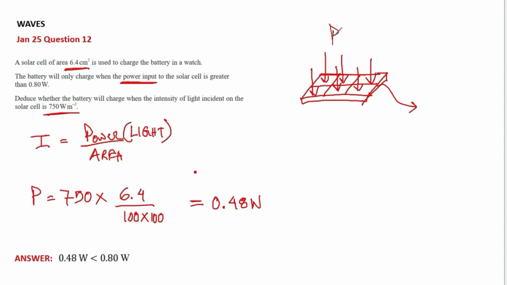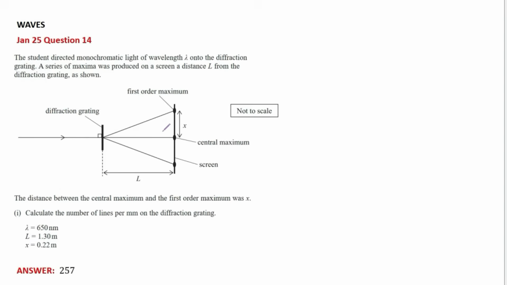So here the power is in the form of light, and the solar cell converts this light energy to electrical energy or electrical power. So this output will be electrical. That is not necessary for this question, I'm just giving you an insight. So since 0.48 is less than 0.8, it will not charge. Let's move on to the next question.